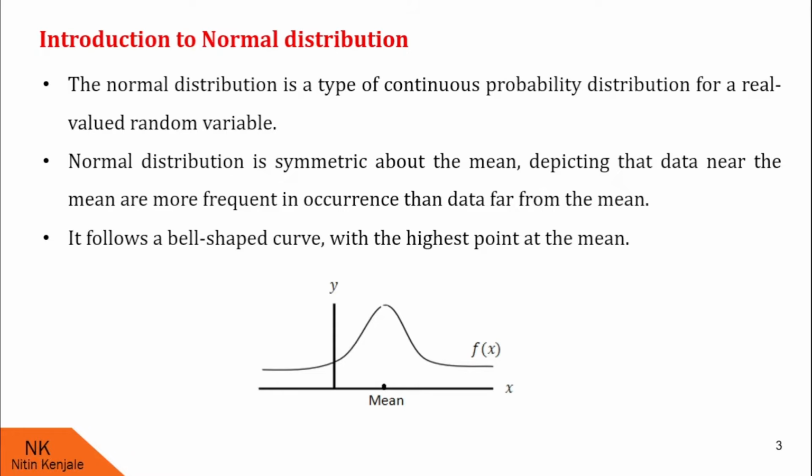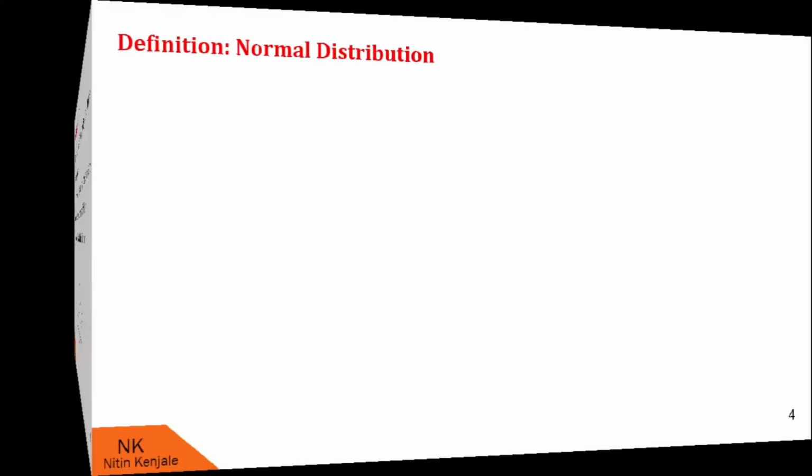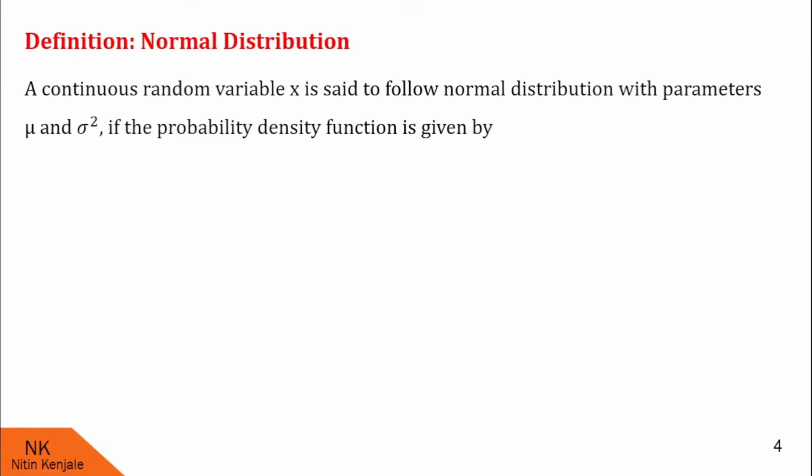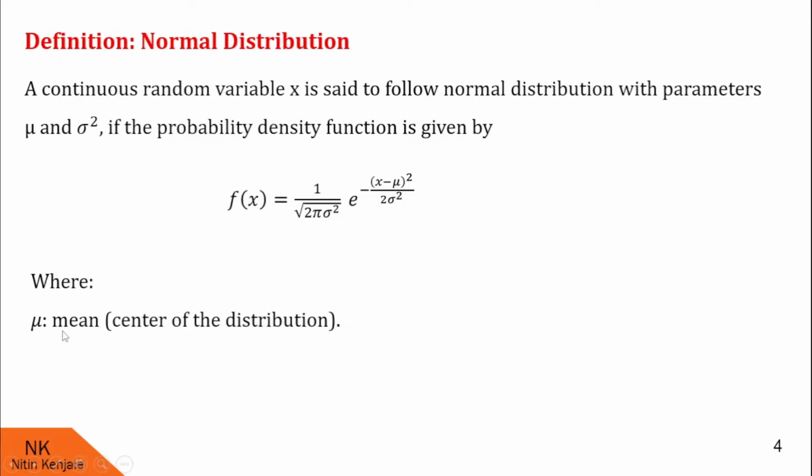Now we proceed to the formal definition of normal distribution. A continuous random variable x is said to follow normal distribution with parameters mu and sigma square if its probability density function is given by f of x is equal to 1 upon under root 2 pi sigma square into e raised to minus (x minus mu) whole square divided by 2 into sigma square, where mu stands for mean and sigma stands for standard deviation.